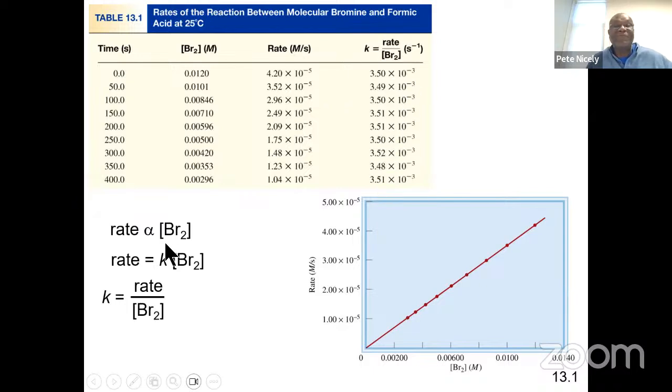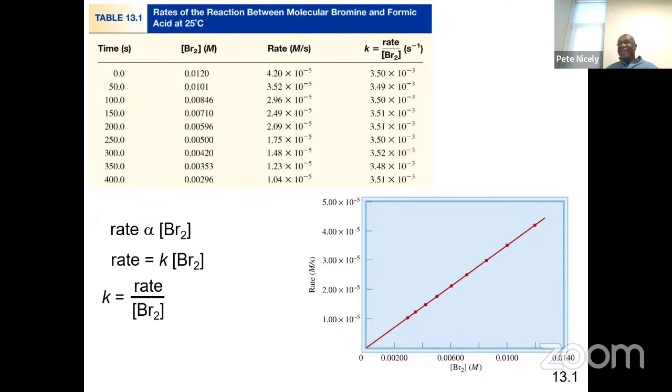As you can see, the value of k is relatively constant, varying from 3.48 times 10 to the minus 3, the lowest value, to a maximum of 3.51 times 10 to the minus 3. So for all intents and purposes, we can say that k is constant for this reaction.